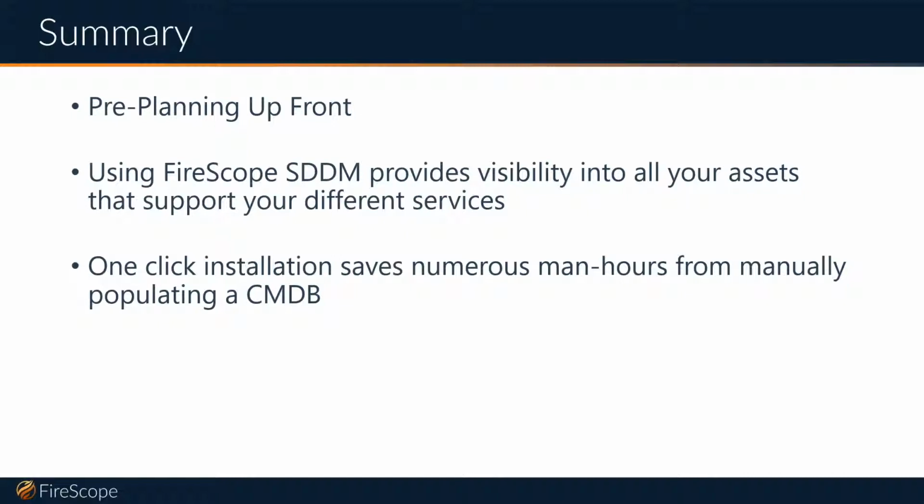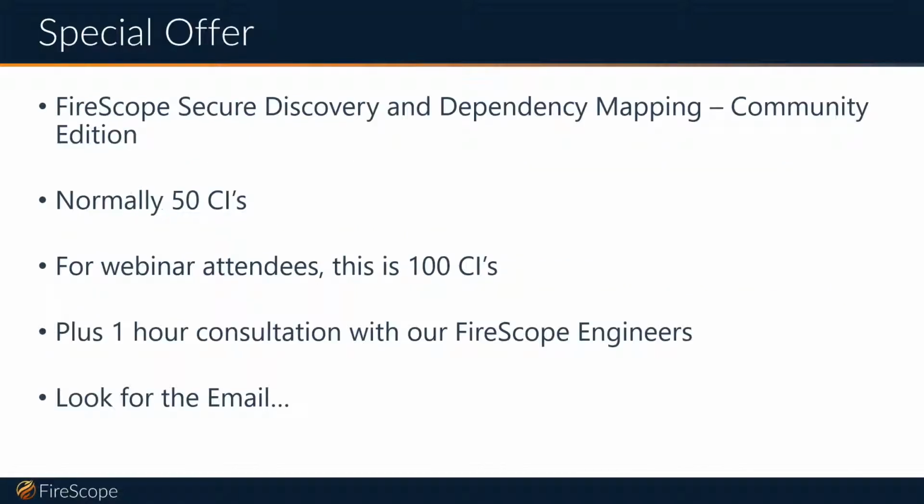So if you do have Excel spreadsheets, you can always do a comparison with them. But it really is kind of a live view of what is happening in your network. And then finally, as we've also demonstrated, that one-click federation of the data into your CMDB can populate it very quickly.